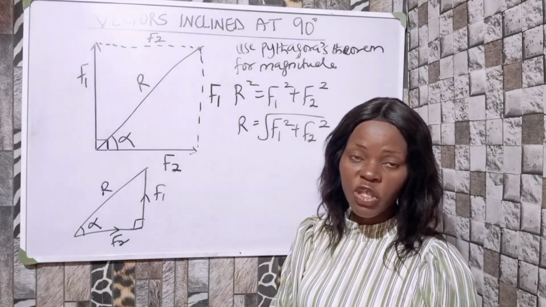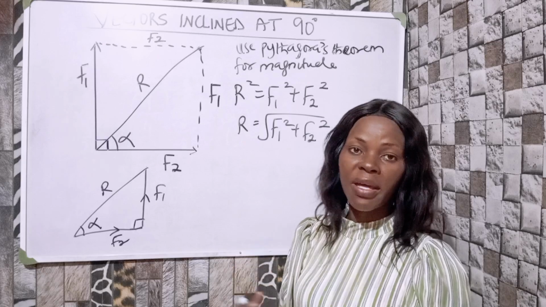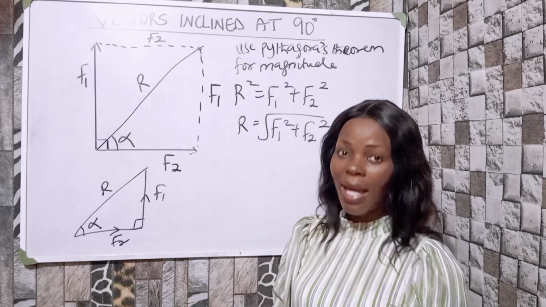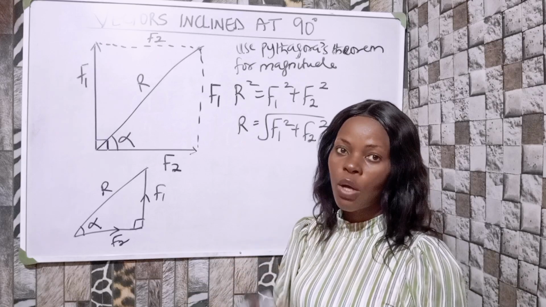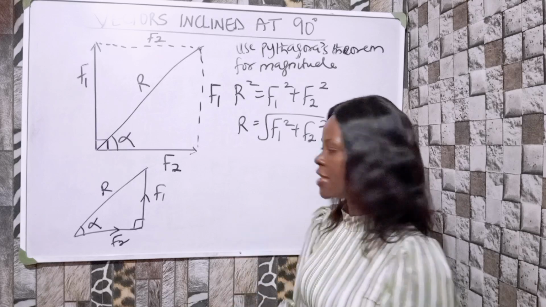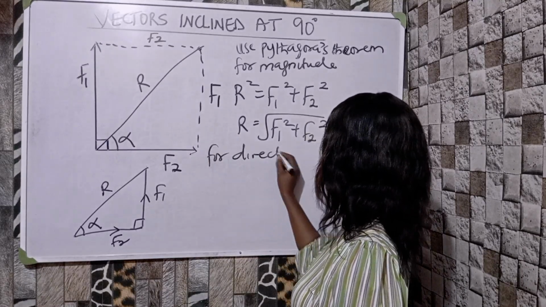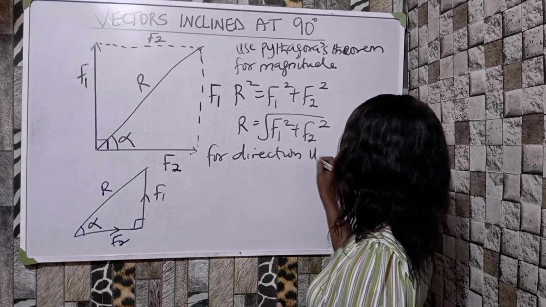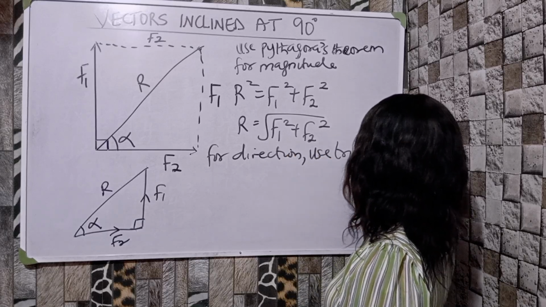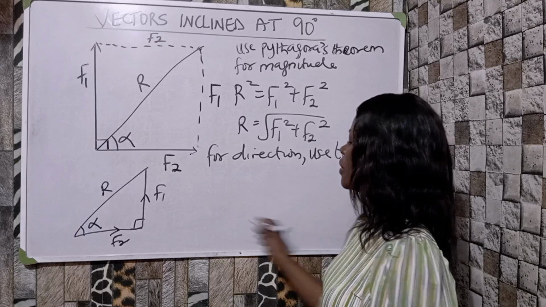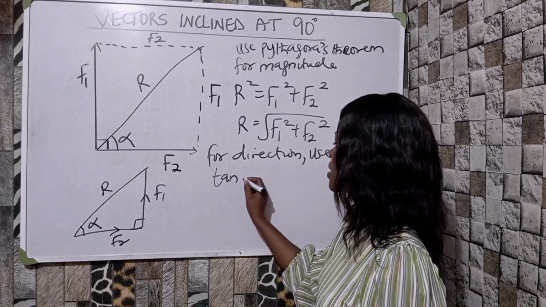For direction, we are going to use trigonometry. Basically, we are going to use tan, and tan is opposite over adjacent. So for direction, I'm going to use tan.